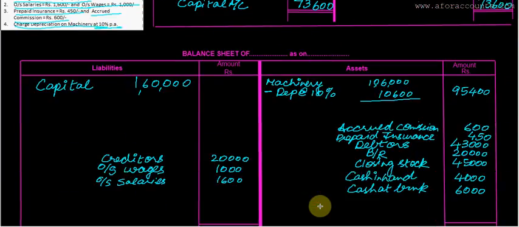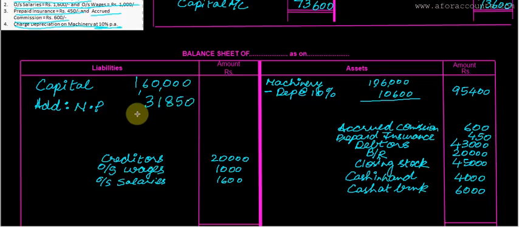Now let's go to the balance sheet with net profit in our hand, 31,850. So in the capital, just add the net profit first. It is 31,850. And you have to take the figure out. It will be 191,850. Okay. Now what else do I have in the current liabilities?